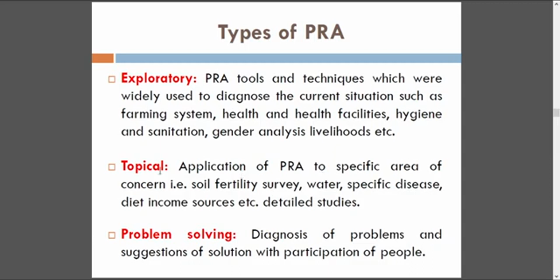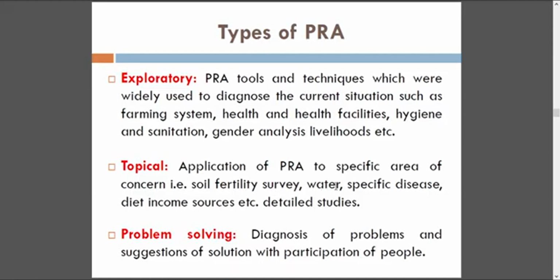In this type, we have participatory methods applied for specific concerns or specific areas. For example, we can do a soil survey, which is mainly to understand the soil related challenges that our community is facing.